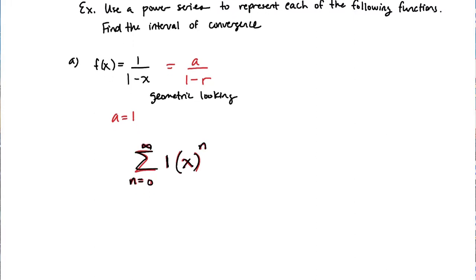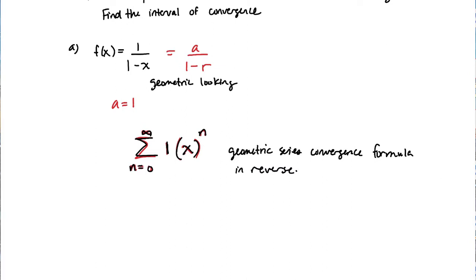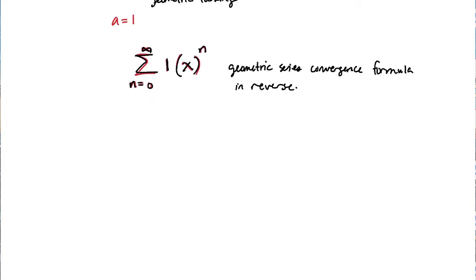So this is the geometric series convergence formula in reverse that we just used. That's pretty cool. So without any work, this is a special function, and I was able to convert it to a power series like that. Not all functions are going to be that easy, but for now we're going to look at the easy ones.